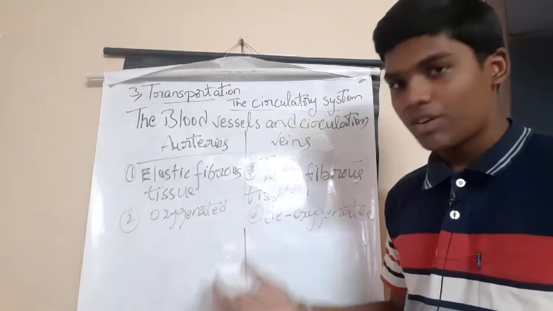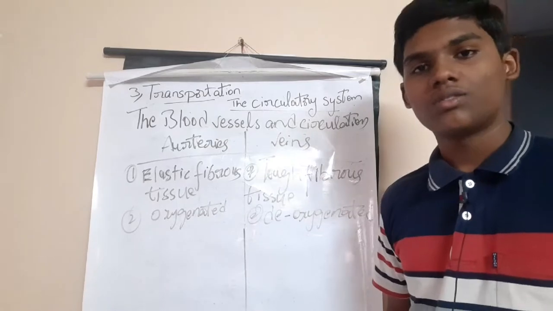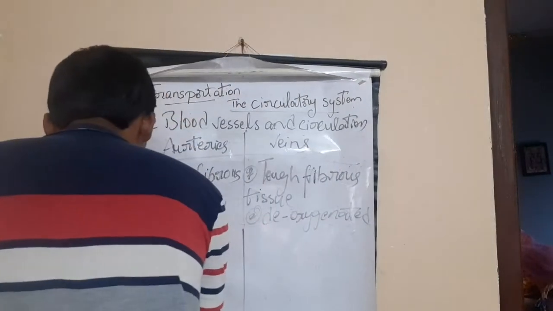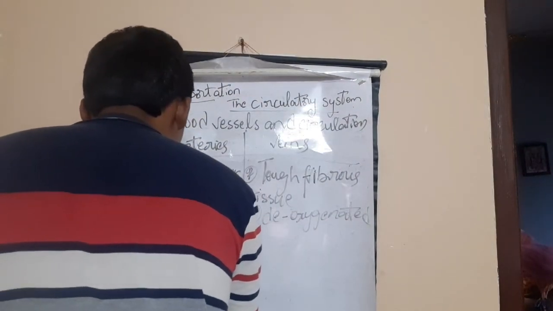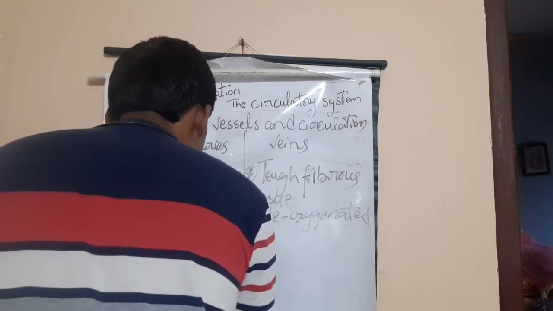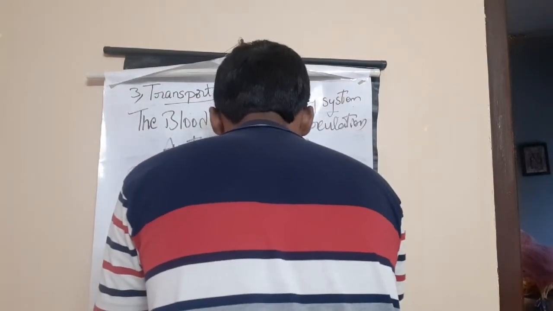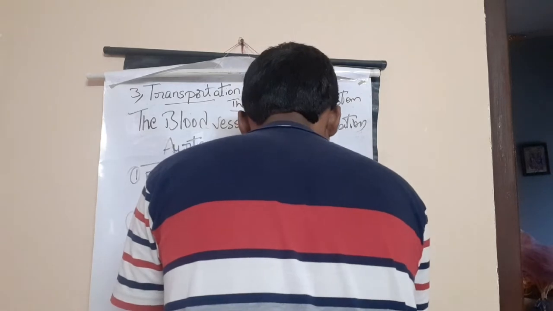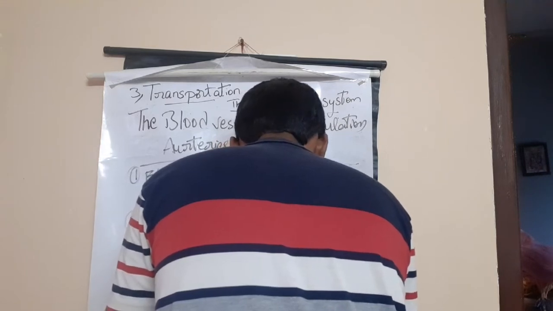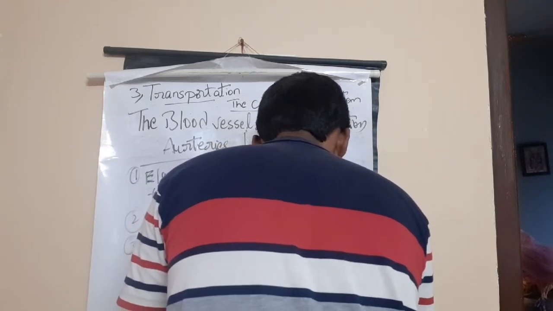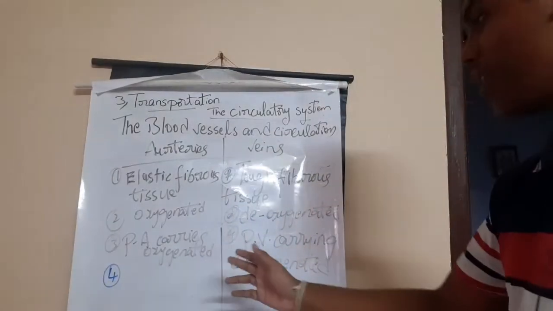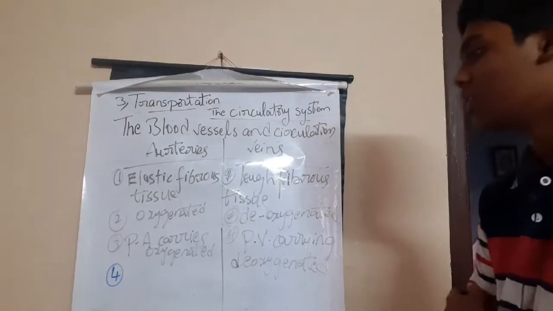Now we make another difference with the same point for the pulmonary artery and pulmonary vein: the pulmonary artery carries deoxygenated blood, and the pulmonary vein carries oxygenated blood.